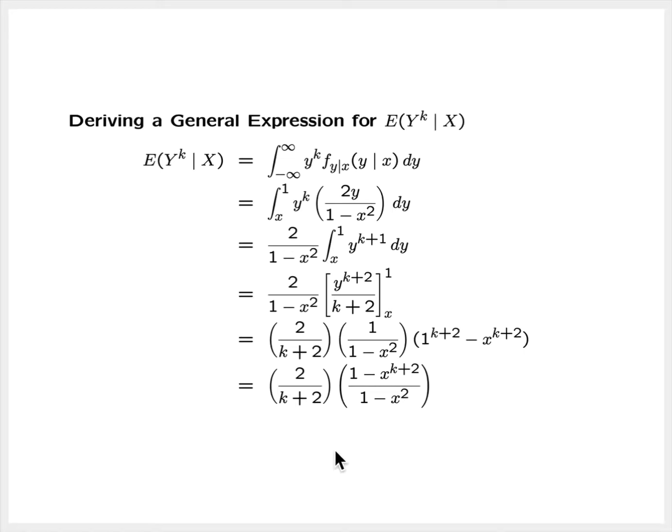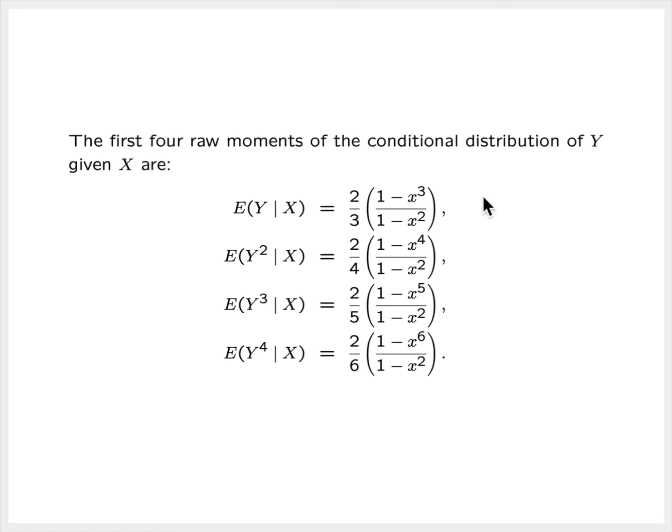It turns out that the expected value of y to the kth power given x is equal to 2 over k plus 2 times 1 minus x raised to the k plus 2 power, all over 1 minus x squared. And then we can utilize that general formula to very easily find the first 4 raw moments of the conditional distribution of y given x, which are given here.